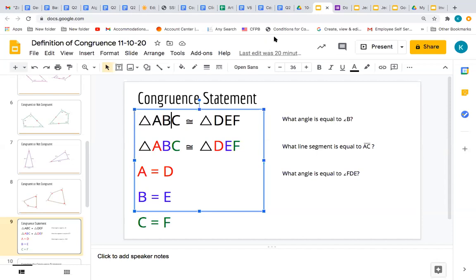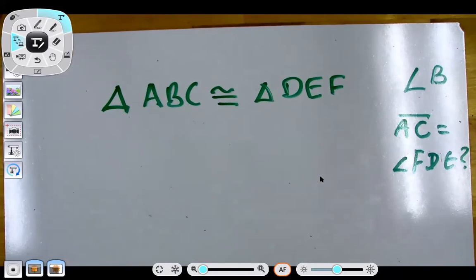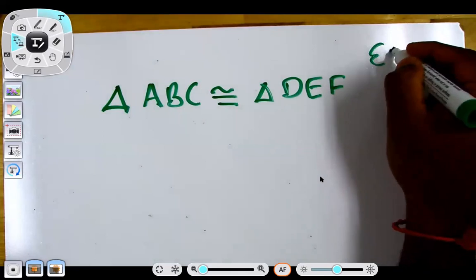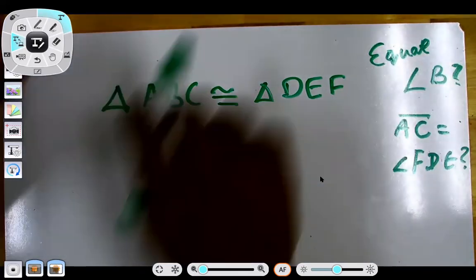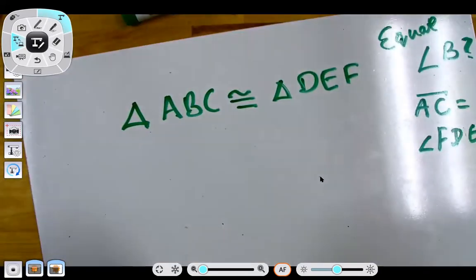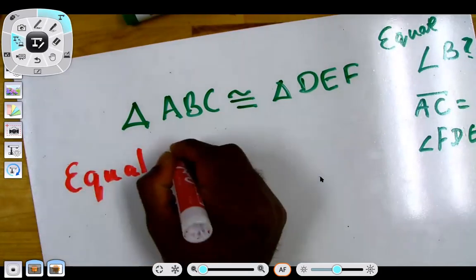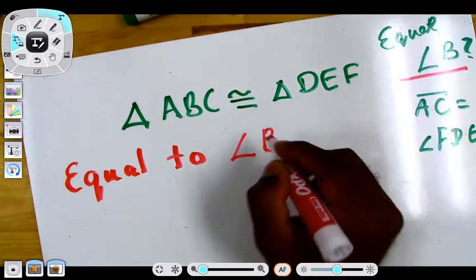So let's say you have two triangles. They're asking what is equal to. What angle is equal to angle B? That was the first question.